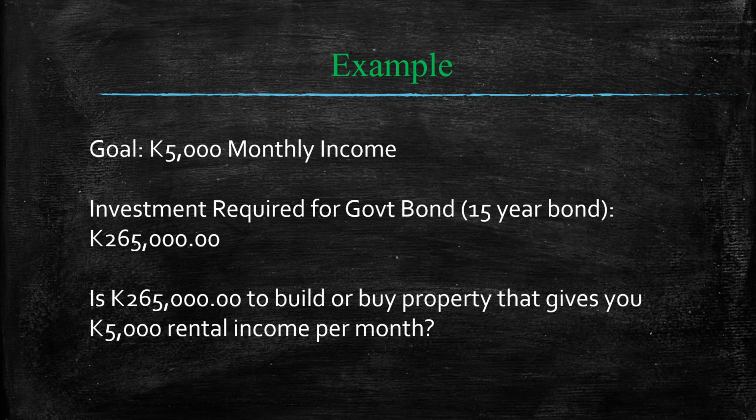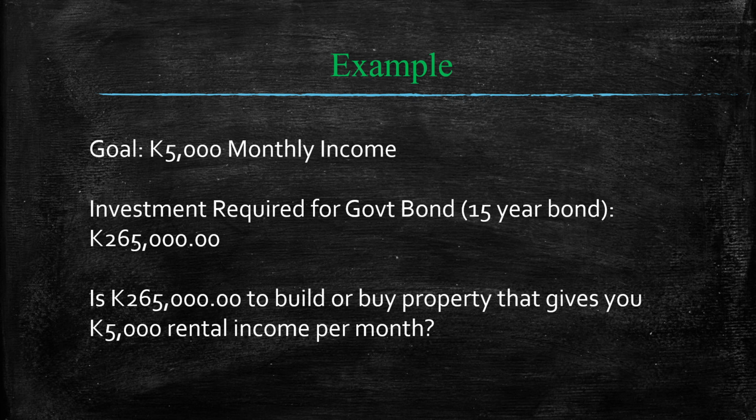So to end this particular video, I would want to give you a practical example. Let's assume that your goal is 5,000 kwacha monthly income. So you want to be getting 5,000 kwacha as monthly income from an investment, and you have to choose between government bonds and real estate.